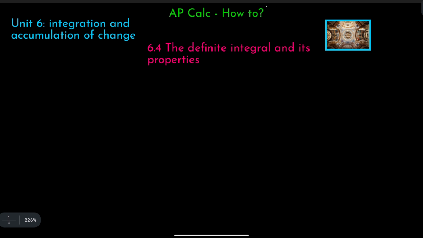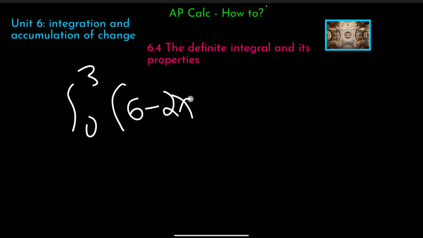So let's go over example 1. If we have the integral from 0 to 3 of 6 minus 2x dx. Now using geometry, we can see that this is a straight line function, a triangle. At x equals 0, the height is 6.